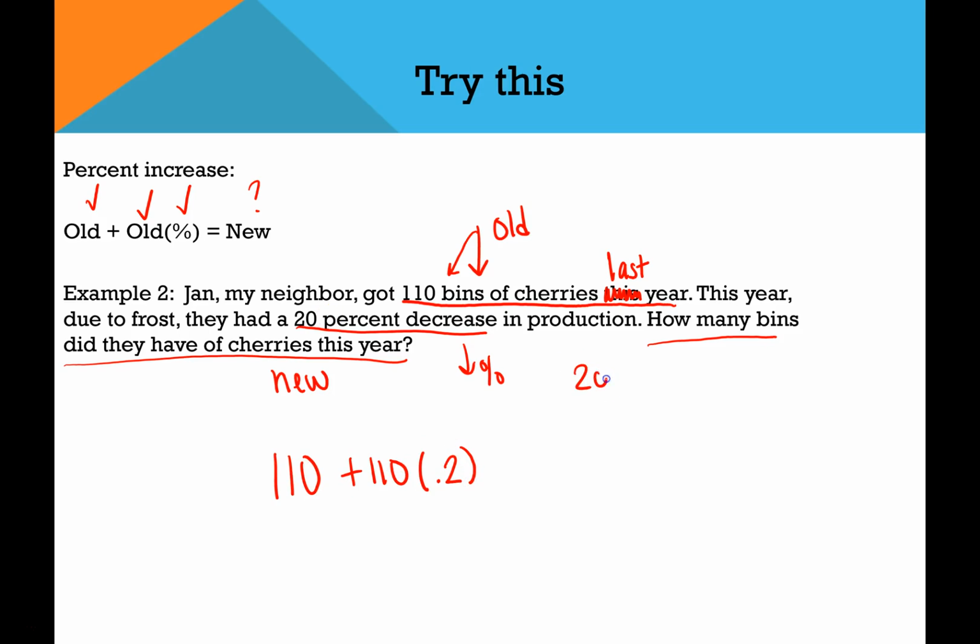I'm taking 20% and making it a decimal, so it's going to be 0.2, but it says decrease, so I have to put the negative here, and that's going to be equal to my new value. So I'm going to go ahead and plug that into my calculator. And that's going to give me 88. So 88 bins of cherries.